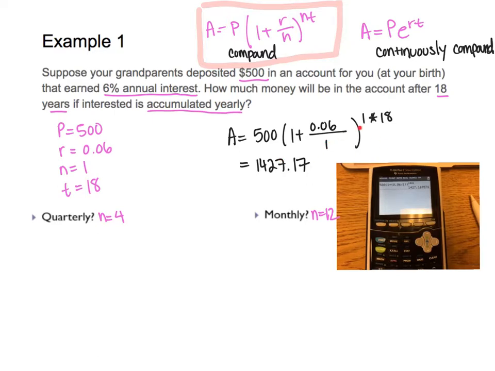So I'm going to write this out and set it up first. So A is equal to 500, 1 plus 0.06 over 4, times 18. I'm going to figure out what that number is, and then I'm also going to figure out what happens when I plug in 12.